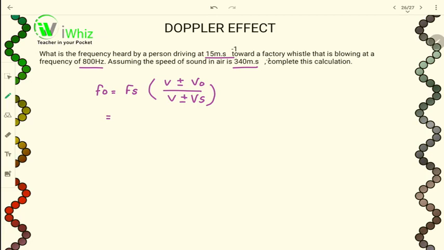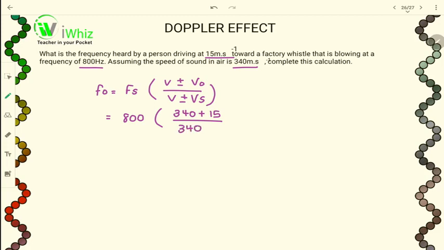So if I were to complete this, and identify portions of the equation, I would say that the frequency of the source is 800 because that is what it's emitting. Velocity, which is 340, plus the velocity of the observer. How fast am I moving? I'm moving at 15 meters per second, all over 340.